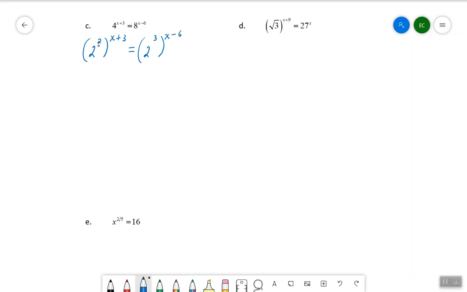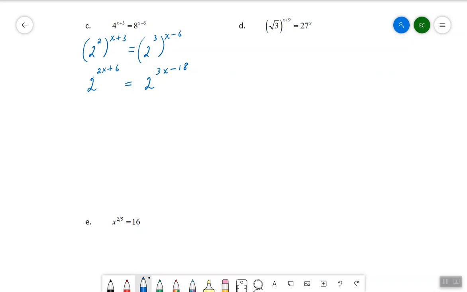And so then we just learned that we can multiply these two exponents together. 2 times x plus 3 is going to be 2 raised to the 2x plus 6. Make sure we distribute that 2 to both terms in the other exponent. On the other side, you have 2 raised to the 3x minus 18.